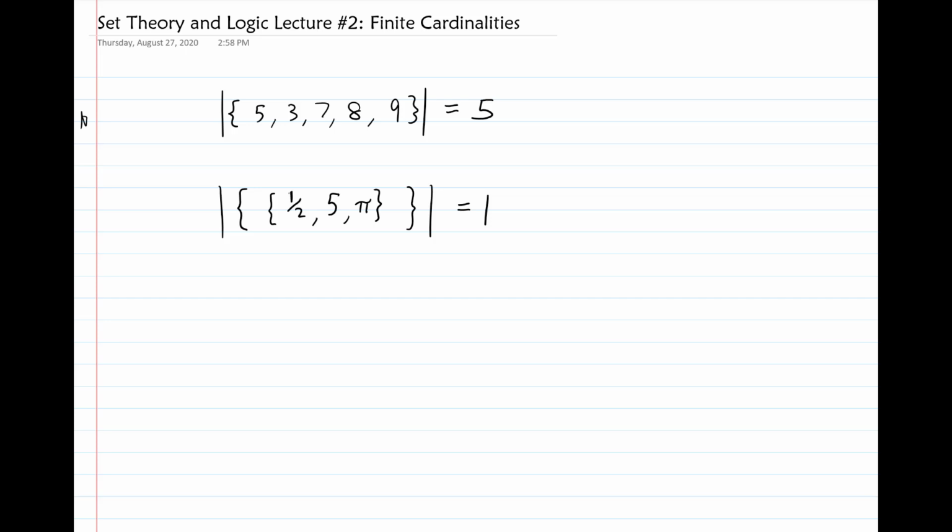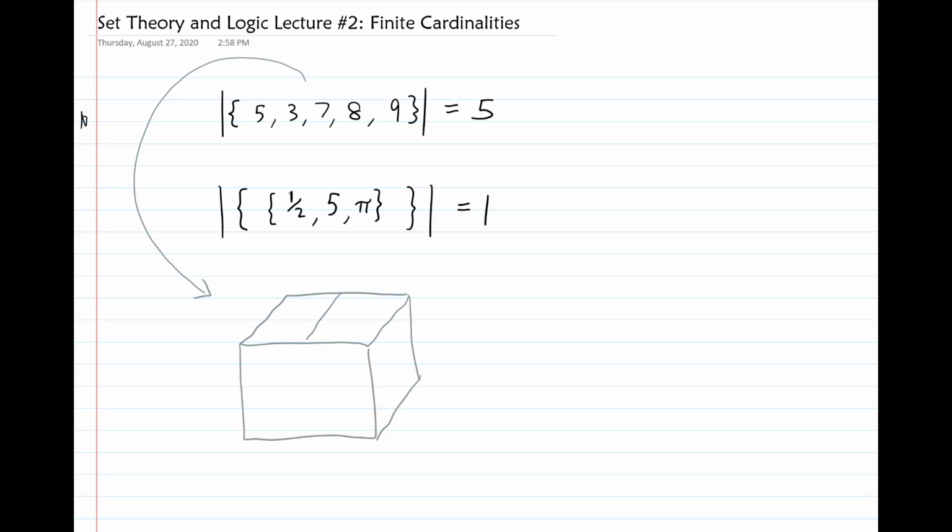Okay, so let's look at the first problem. This set right here. Okay, so what is that? It's a cardboard box. Okay, and inside that cardboard box are 5 blocks, like the kind you probably had when you were a kid.